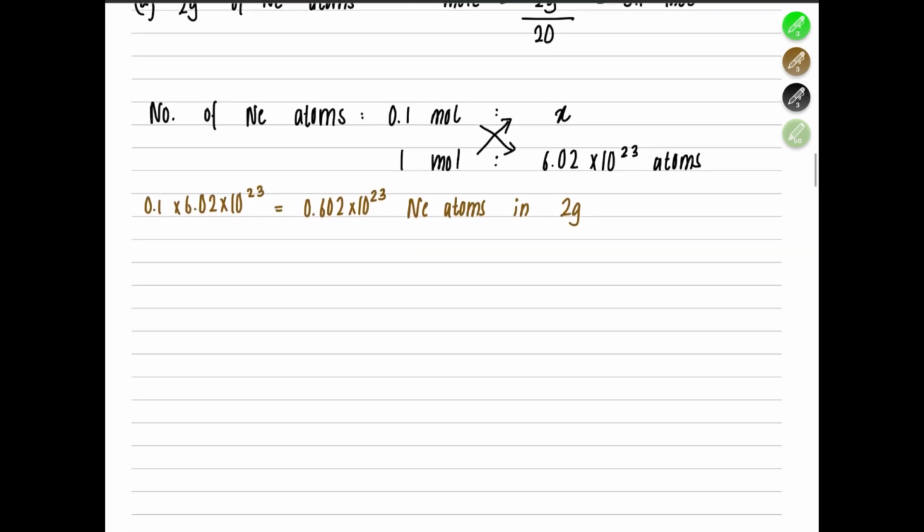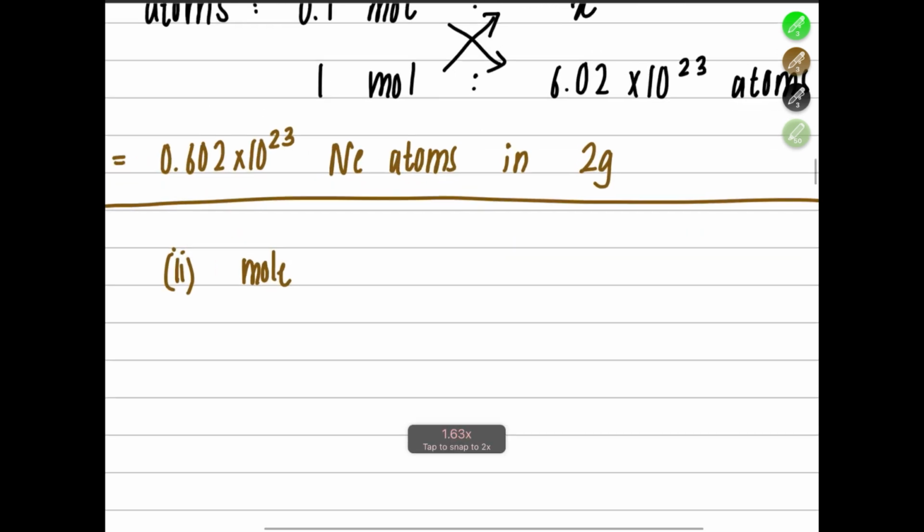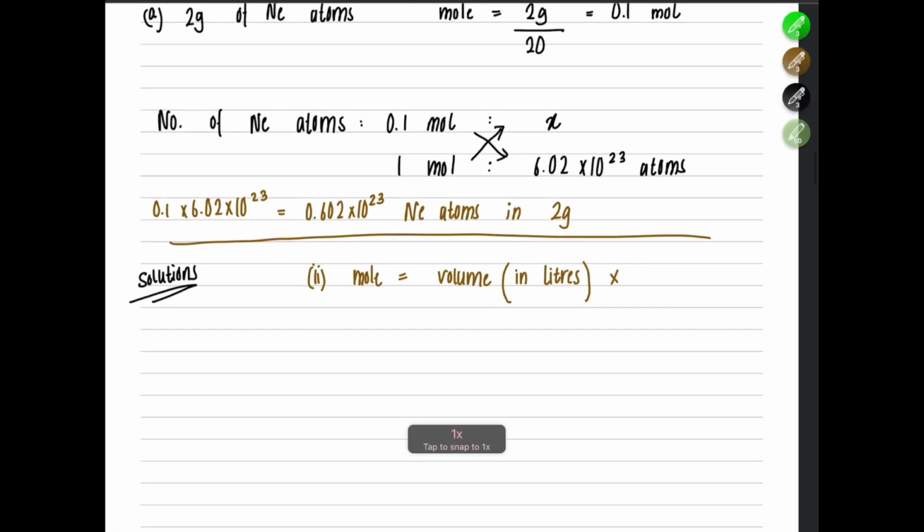Now there's another equation to calculate the number of moles. Now remember, this equation is specifically for solutions only. Moles equals volume of the solution, but make sure it is in liters, okay? Multiplied by concentration.